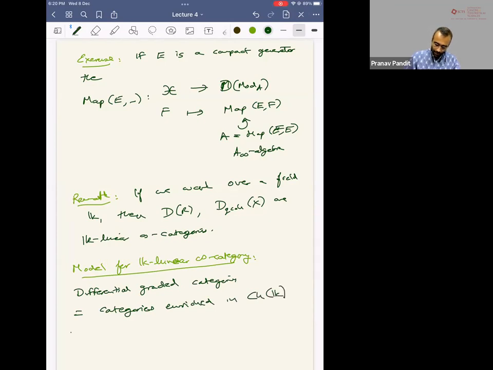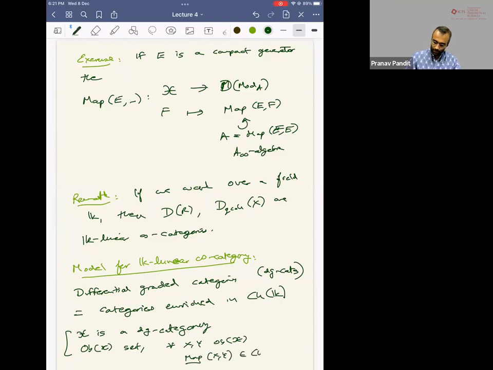So this means you have objects. So if X is a DG category, then you have objects of X as a set. And for all X, Y in objects of X, you have some Maps(X, Y), which is a chain complex.